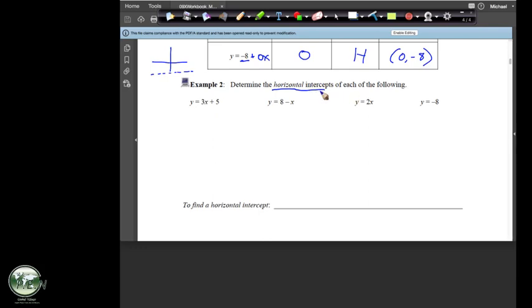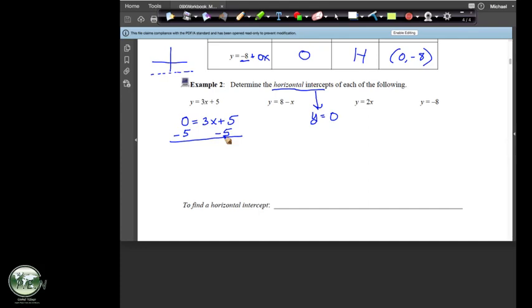How do we find horizontal intercepts? Y equals 0. So for this first one, we would plug in 0 for y, 3x plus 5, solve for x. It's not that it's difficult to do, and it's not that it's not worthwhile. It gives us some good practice here. It's just I really want you at the beginning to be focusing on vertical intercepts and slope, and that's it.